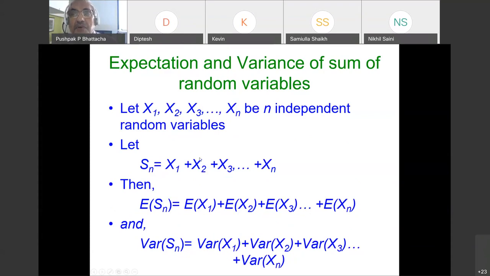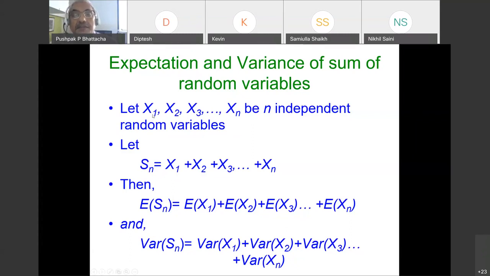This can be proved from the definition of expectation. And the variance of Sn is the sum of the variances. Okay. Again, this can be proved. The proof for the variance I will do 2-3 slides later. So if you relate it to the bridge problem, then x1, x2 up to xn are the weights of the n cars.